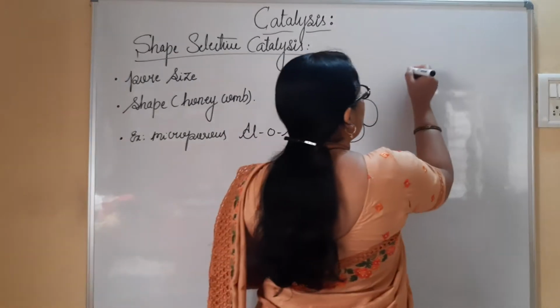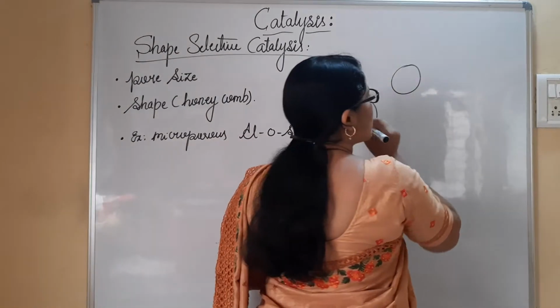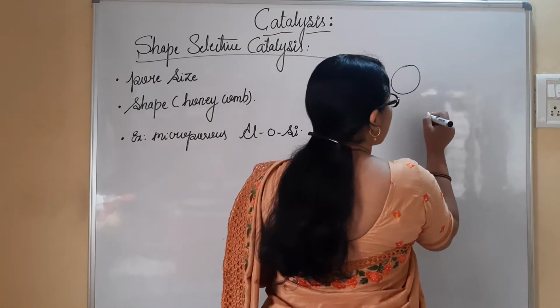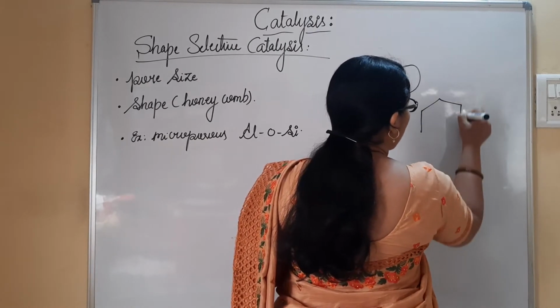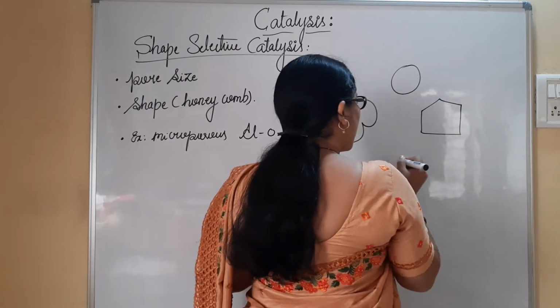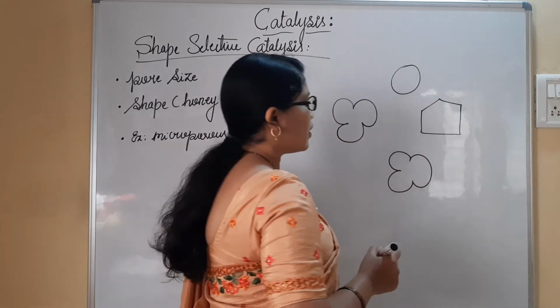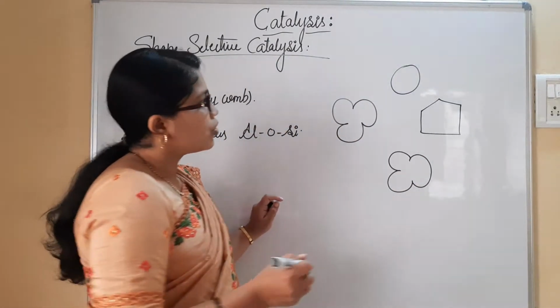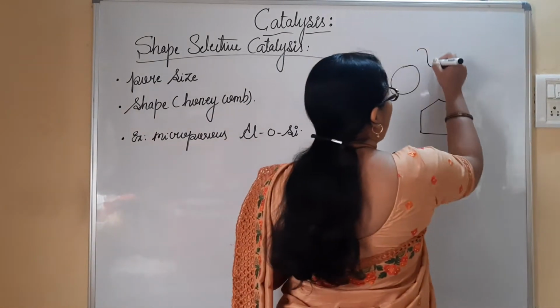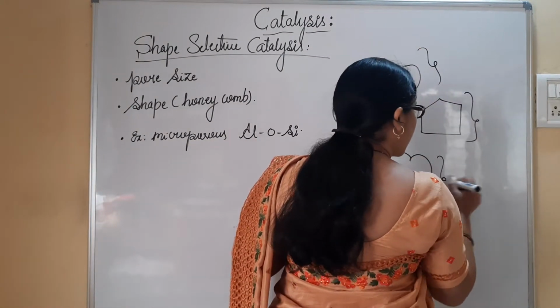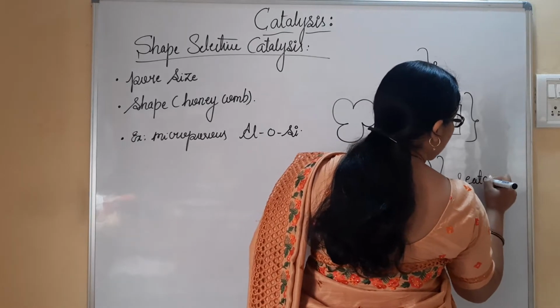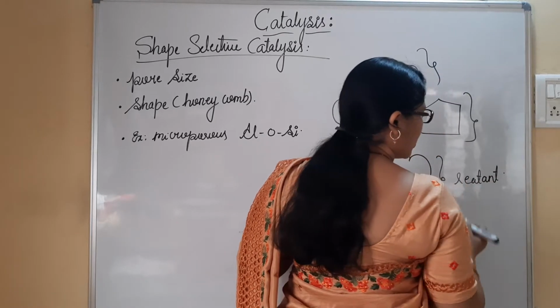See here, one substrate has a spherical shape, another substrate is of pentagon shape, and I also have one more substrate which is again flower shaped. All three are said to be reactant molecules, or substrate molecules.